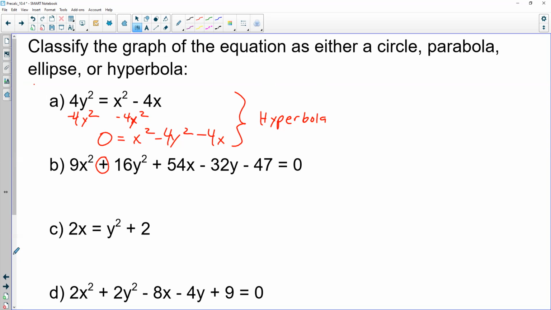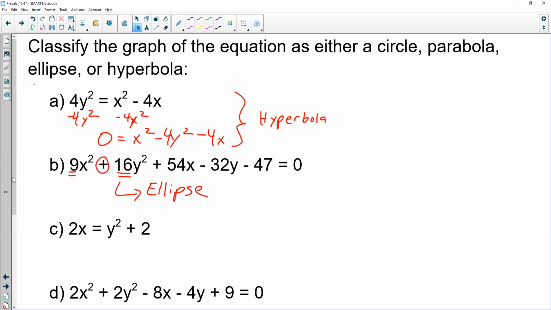Without actually having to go through the process, if you look at the coefficients in front of the square terms, hopefully you remember that if we were to do completing the square, we would get different a squared and b squared values in our equation, which makes it an ellipse. So that's how we can determine that one.